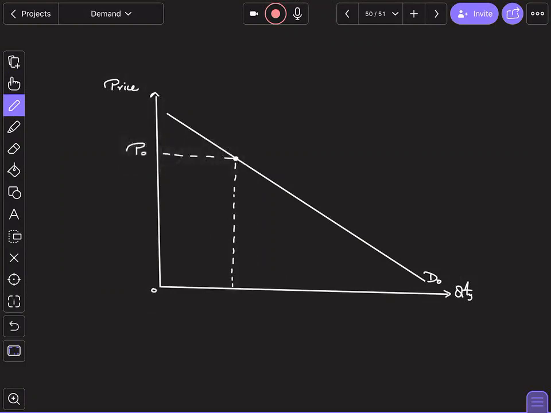When the price is P naught, quantity demanded is Q naught, and if the price falls to P1, more quantity will be demanded by the consumers. The quantity demanded will increase to Q1. We will move from point A to point B on the demand curve, which is D naught, if there is a fall in the prices.